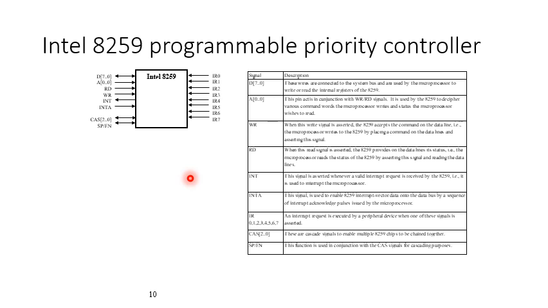CAS stands for cascade signal. So that was about the priority controller chip 8259, and this chip is programmable.